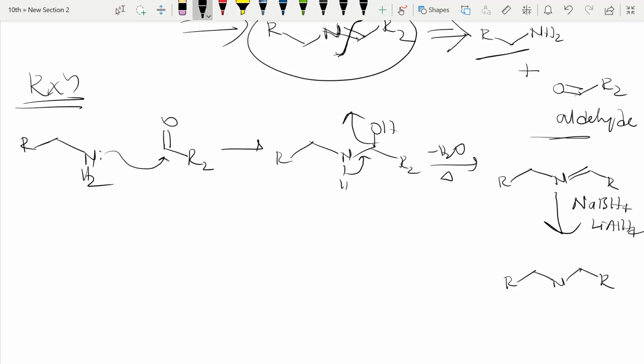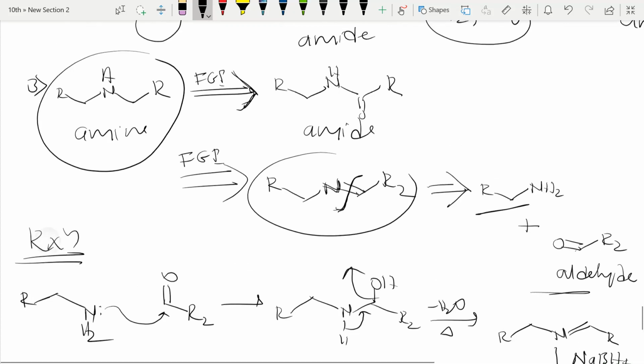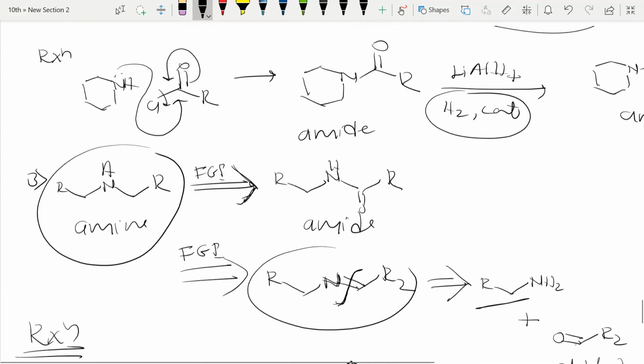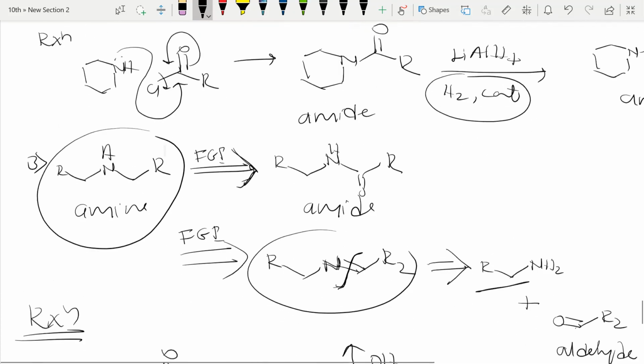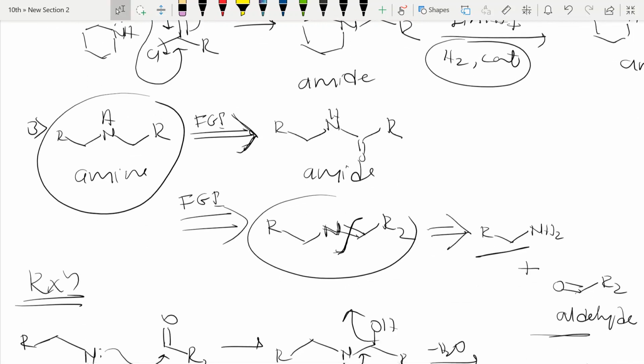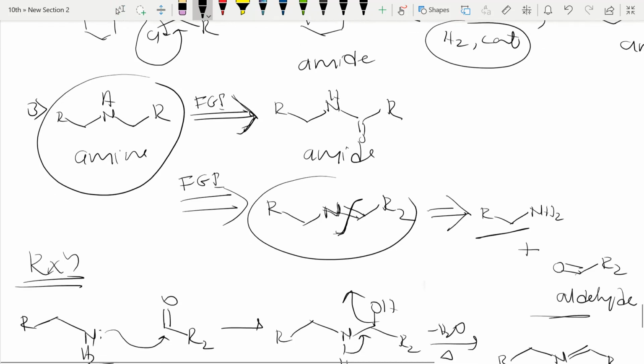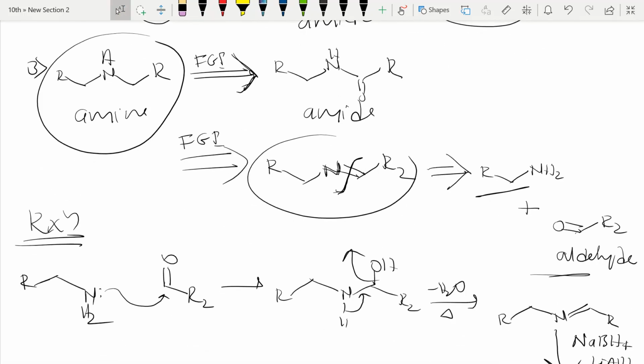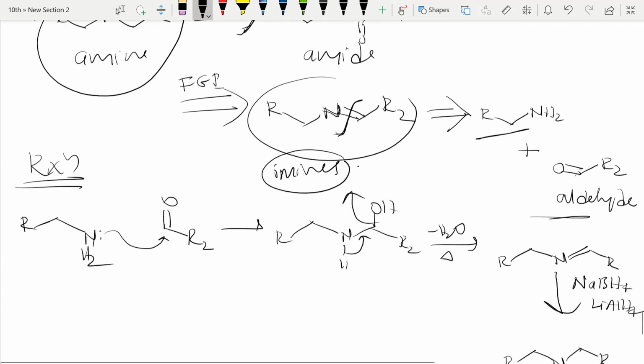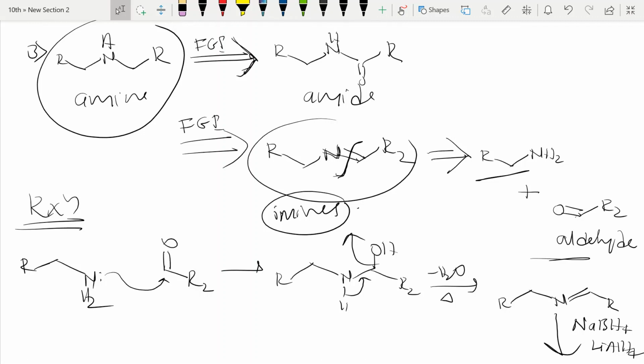So I have explained only two cases: conversion of amine to amide, and one more, amine to this imine, right? Carbon with a double bond to nitrogen is called an imine, right? Here I have converted this amine to an imine. I hope the name is correct.